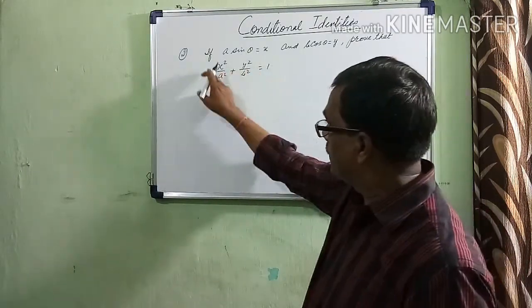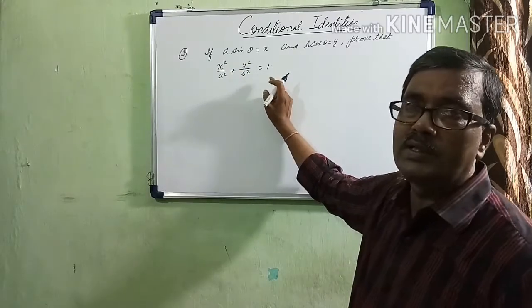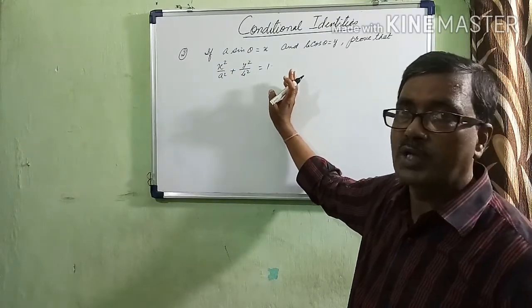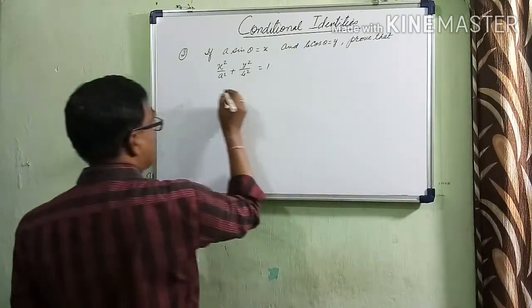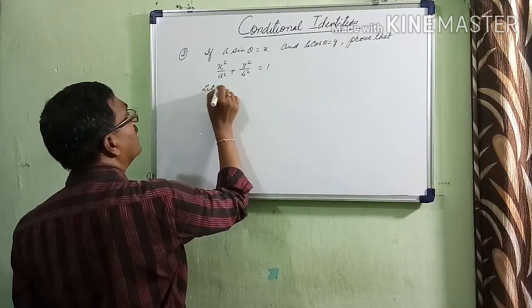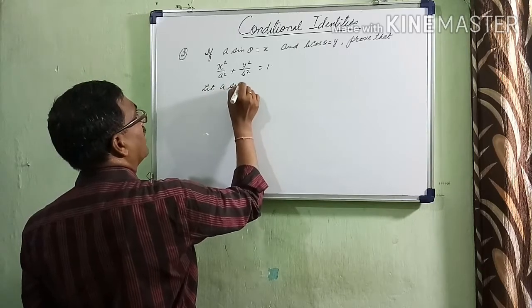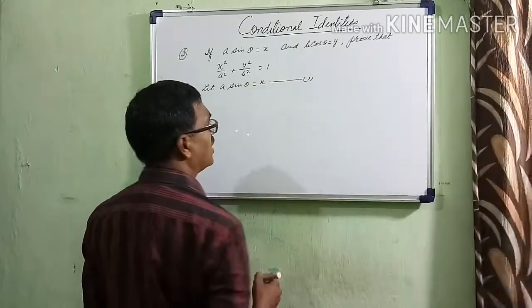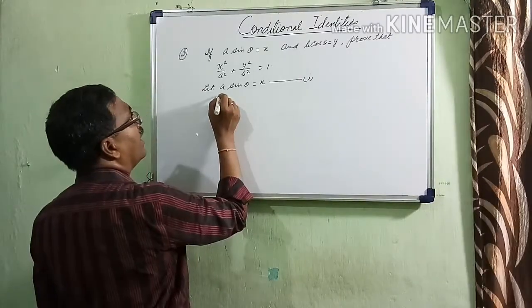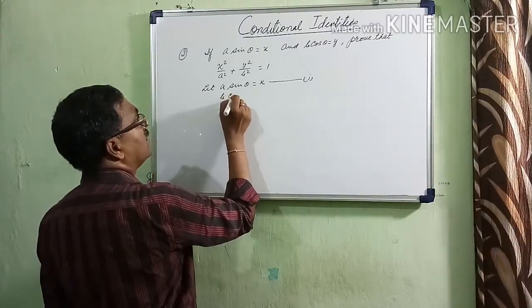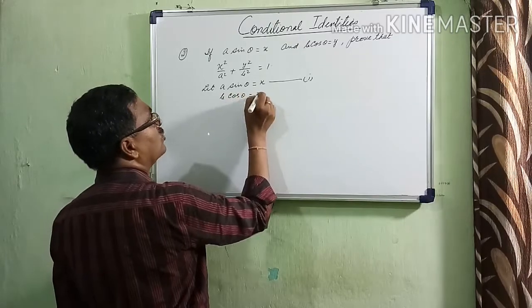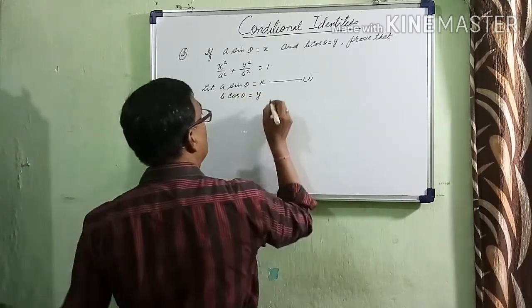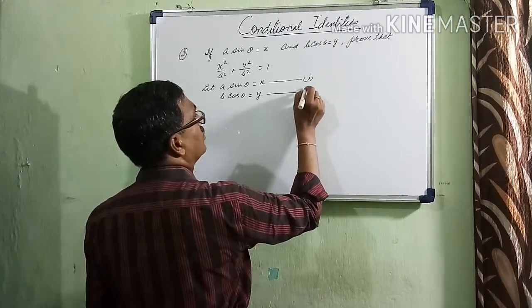Here also, the result to be proved is out of trigonometric ratio. So how shall we do? Now, let a sin theta is equal to x is equation 1 and b cos theta is equal to y is equation 2.